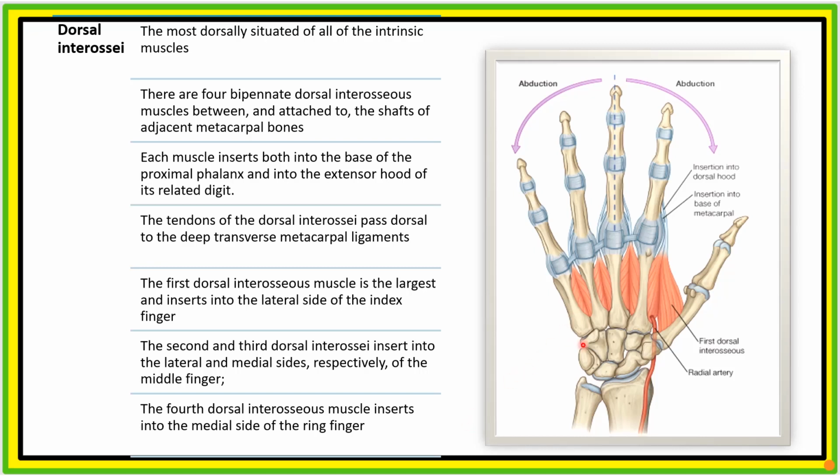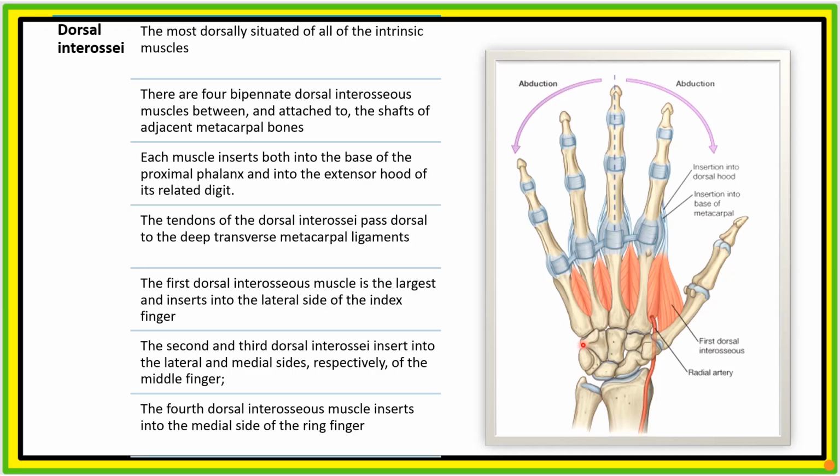These muscles are the most deeply located of all the intrinsic muscles of the hand. As we noted earlier, there are 4 of them, and all 4 are bipennate. They are found between the metacarpal bones and attached to the shafts of the adjacent metacarpal bones.